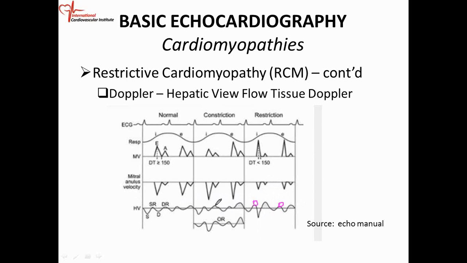So if you can show this, it clinches the diagnosis. Of course, everything else, it's not a muscle disease, so your E prime is going to be huge. But when you look in expiration, you get an increased diastolic flow reversal in your hepatic vein. They commonly give you a question to distinguish between restrictive cardiomyopathy and constrictive pericarditis. All right, so let's move on.